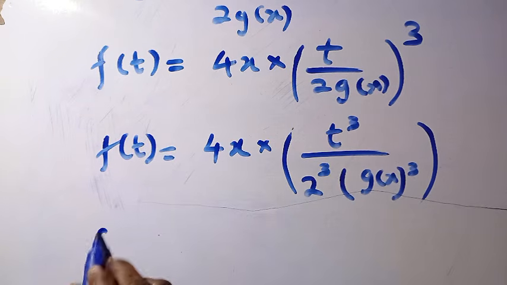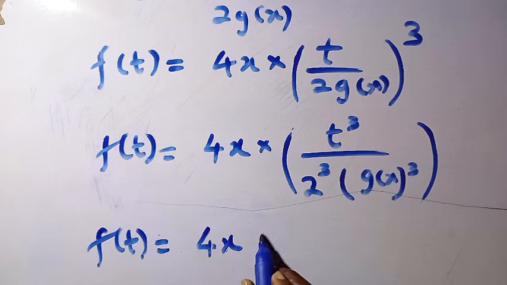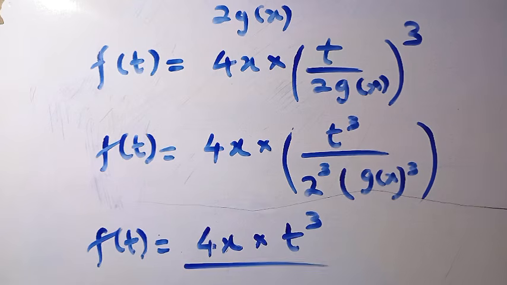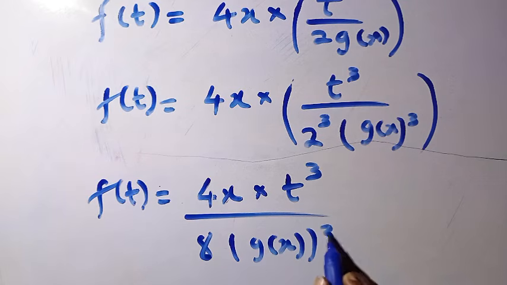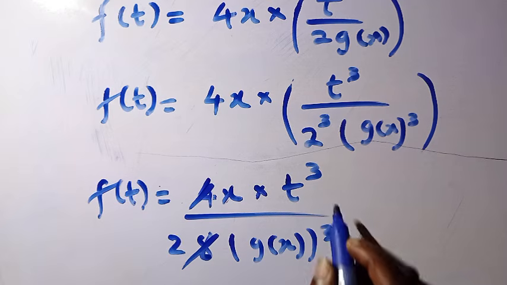So by continuing, we have f of t equals 4x multiplied by t raised to the power 3, all divided by 2 raised to the power 3, which is 8, then g of x all raised to the power of 3. With this, 4 cancels with 8, reducing it to 2.